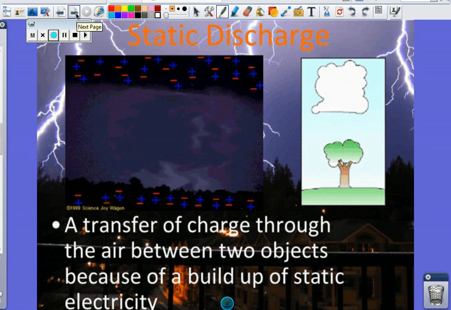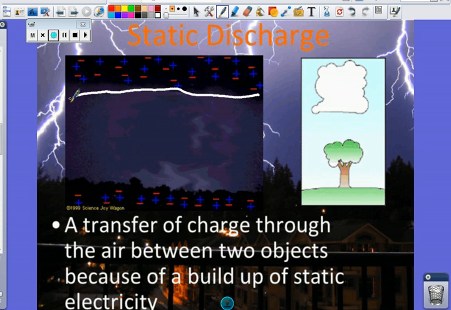This is pictures of clouds and things like that, when you get a transfer in the air because of a buildup of electricity. The ground is basically neutral, and the clouds are up here. This is a dark picture for me, I can't see this real well.